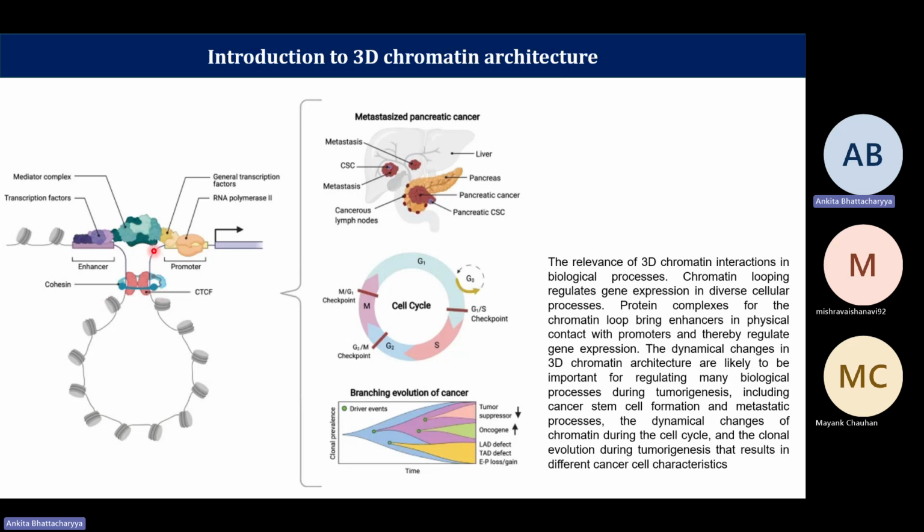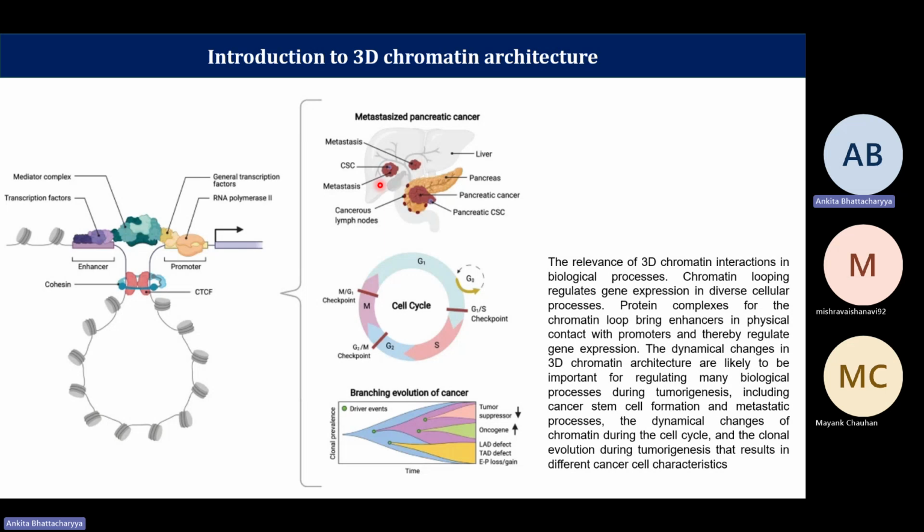As a result, whichever gene is present downstream of the promoter is getting upregulated. So 3D chromatin architecture has an immense role to play. We will discuss it in more detail in the next class. And it is one of the hallmarks of cancer, like I previously mentioned. And you can see that it can aid metastatic pancreatic cancer as well. Therefore, these proteins which help facilitate the formation of these 3D structures can be very commonly explored as therapeutic targets.